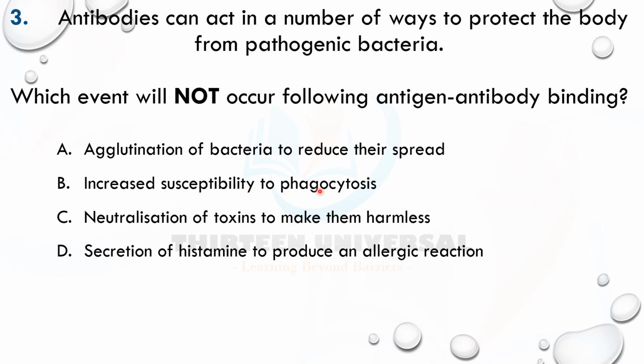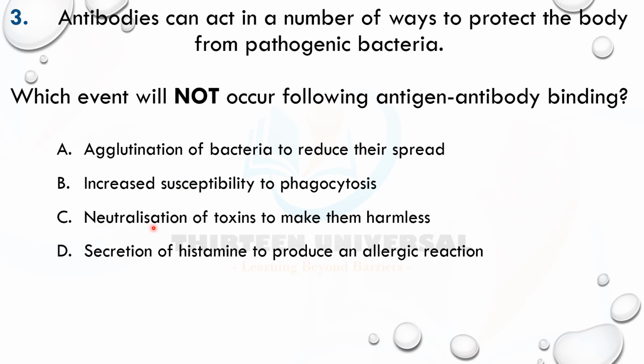Increased susceptibility to phagocytosis? Yes, some of these antibodies are called opsonins. When they bind to antigens on a pathogen, they mark them out so they are easily recognized by phagocytes. So they increase the susceptibility of such pathogens to phagocytosis. So B is part of what happens.